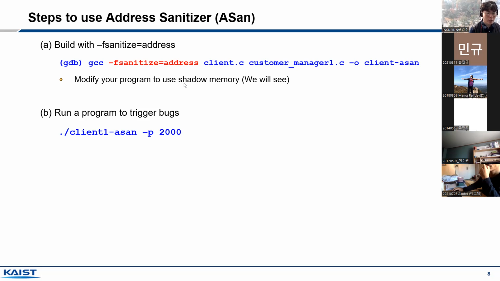And then after you compile your program with the address sanitizer, the next job is just to run the program to trigger the error. We know that our bug was triggered if we give the program -p 2000. What you need to do is just run this program with -p 2000, then it is done.